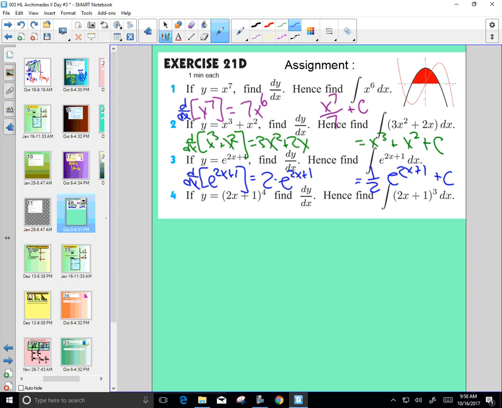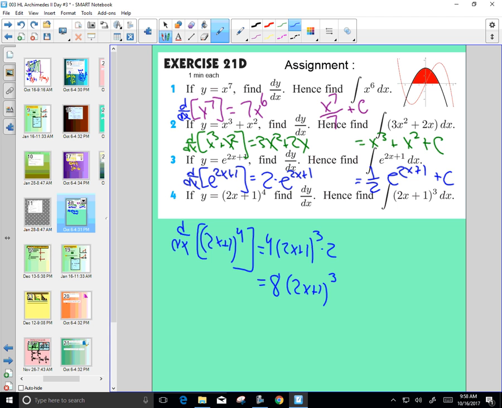How are you doing? Okay? All right, and then let's do 4. D dx of 2x plus 1 to the 4th. There's a Tootsie Pop rule in here. I get it. 2x plus 1 times 4, drop the power by 1, and then what do I multiply this by? By 2. Yeah. So this is the same as 8 times 2x plus 1 to the 3rd.